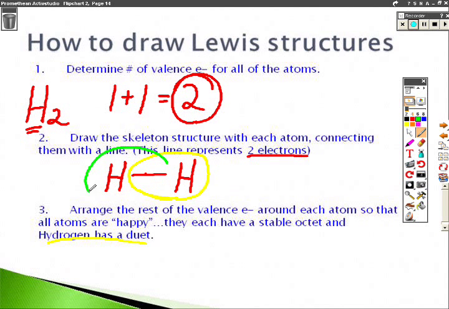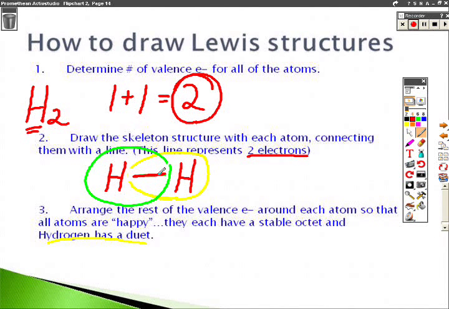This hydrogen also has 2. That line right there represents those 2 electrons. Erase this. Make it a line again so you can keep track of that bond. Sorry, change the color, but you get the idea. So this hydrogen over here has 2 electrons also.